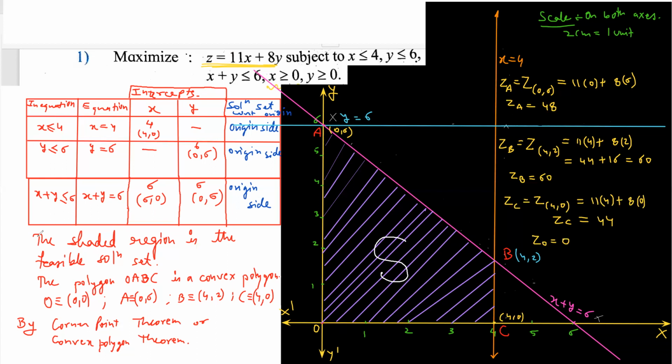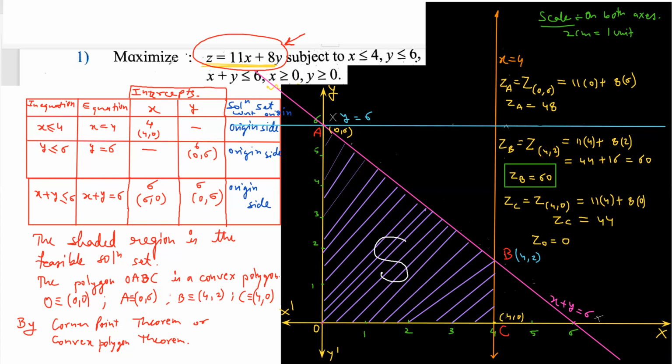Now you understand that the maximum is happening at ZB. So the final answer: the objective function Z equals 11x plus 8y attains its maximum value at x equals 4 and y equals 2.